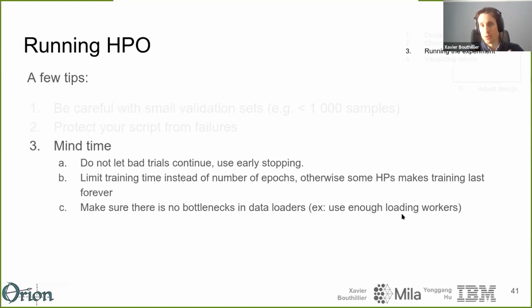I'm talking about PyTorch workers, for instance, that are feeding the data to the GPU, and it makes it a lot slower. So make sure that you have an efficient pipeline to feed the GPU for the training of your model, because this can be very costly in terms of time. If it takes five times longer to train your model, and you have 200 trials, that's 5 times 200 trials the time it takes to train, so it makes a big difference.